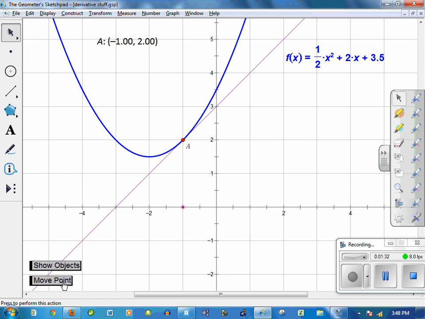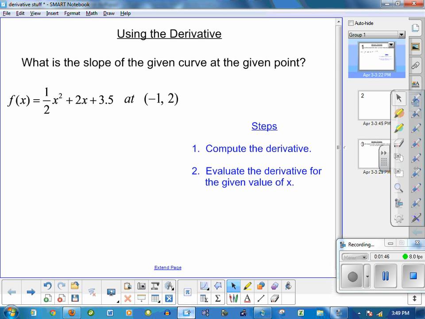So when I ask what is the slope of the curve at that point, I'm really talking about the slope of this tangent line at that point. That's what I'll be computing by using the derivative. Now the process is very mechanical. It's very straightforward. It says compute the derivative and then evaluate the derivative for the given value of x.